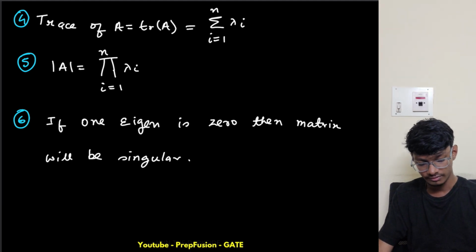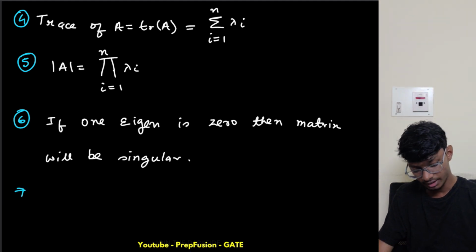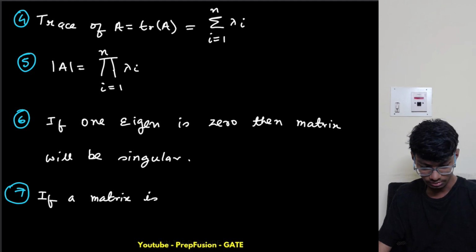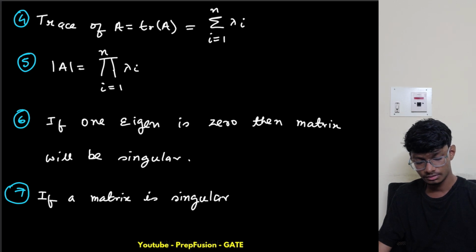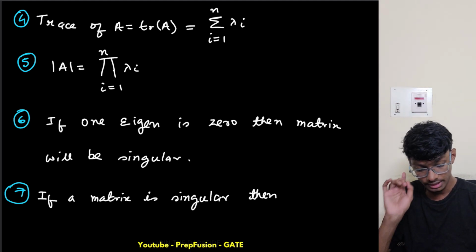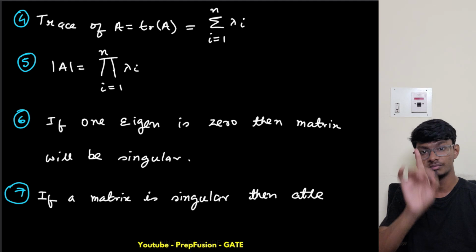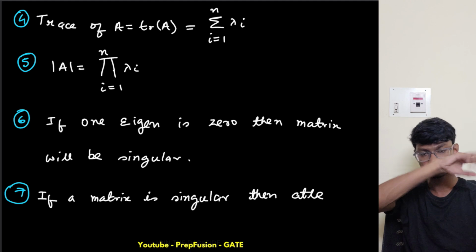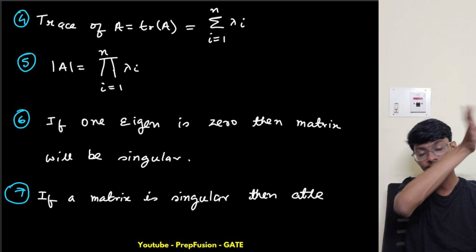So in the 7th point, what I will write here is: if the A matrix is singular, then at least one eigenvalue will be 0. There can be multiple, right? If I have one eigenvalue 0, 0 times anything else is 0, but 0 times 0 and anything else is also 0.